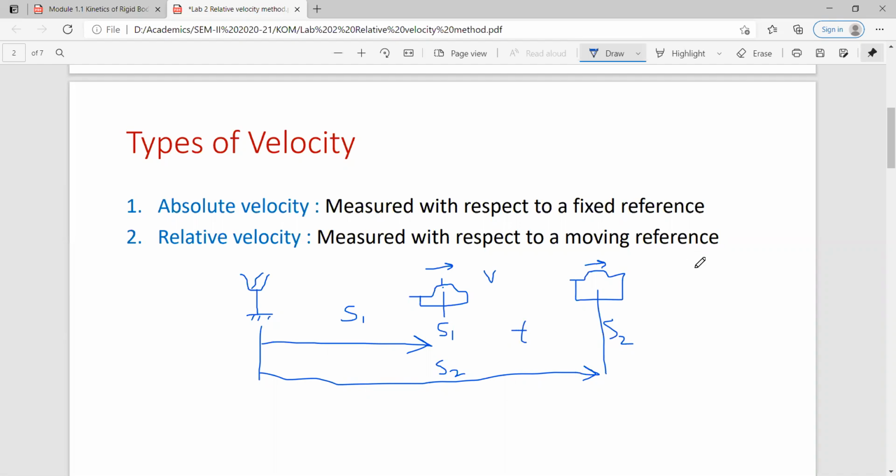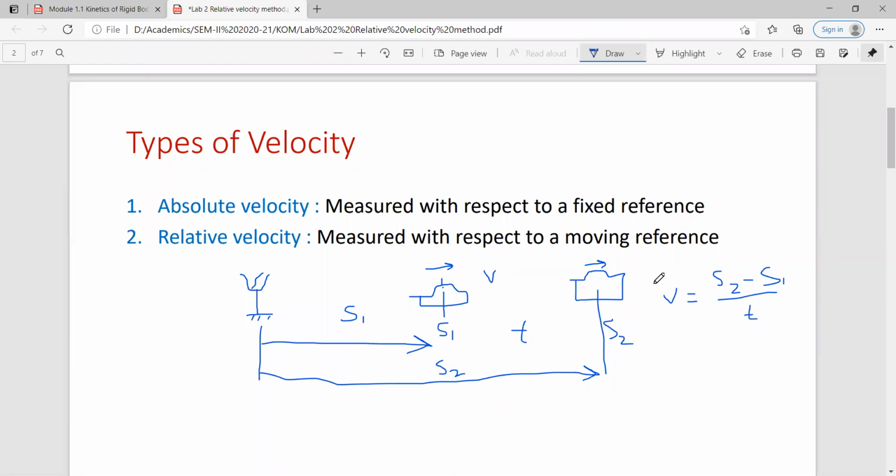So how will you measure the velocity? Velocity will be equal to the new position S2 minus its initial position S1, with respect to a fixed reference, upon time t.